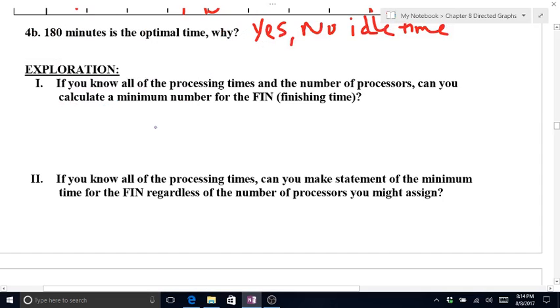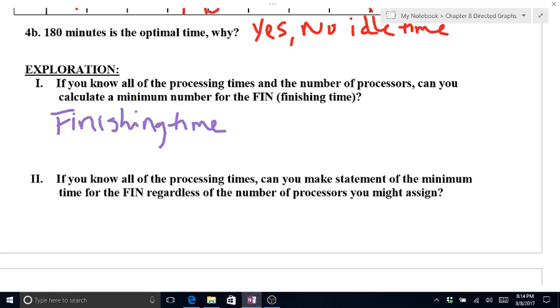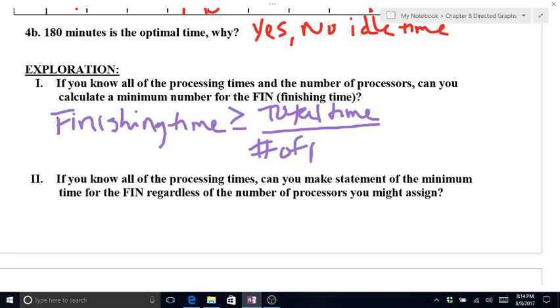Okay. Finishing time has to be greater than or equal to total time divided by number of processors. Remember, if it comes out to be a decimal, you have to round it up.